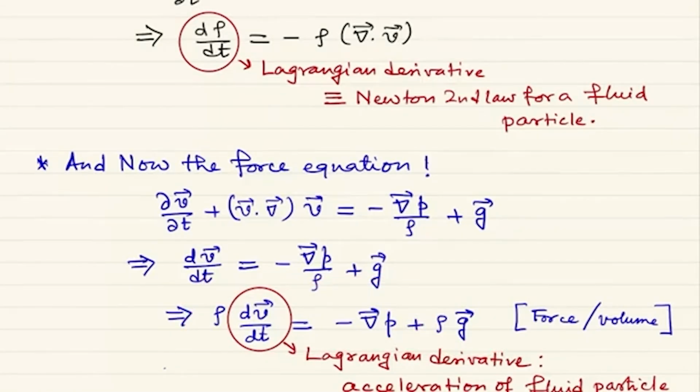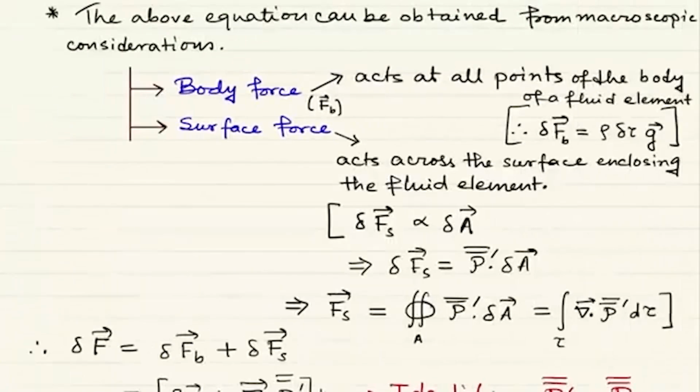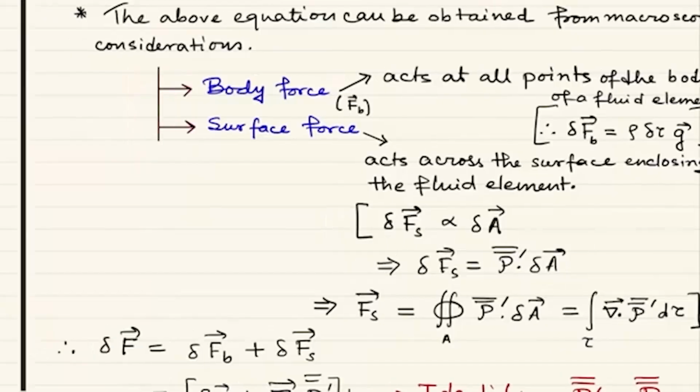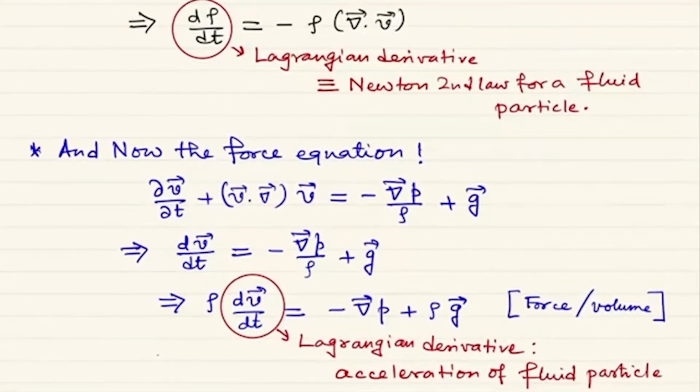Now we want to check. This one we already got, but we have not derived it macroscopically till now. To obtain these equations from macroscopic considerations, we have to define two types of forces. One is called body force, another is surface force. Whenever we are talking about body force and surface force, we have to introduce the concept of the fluid particle.